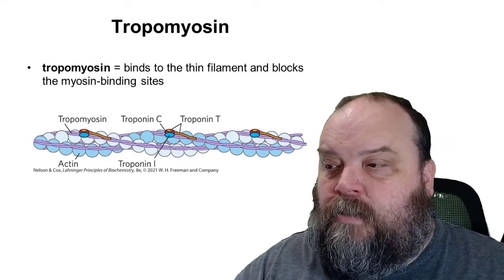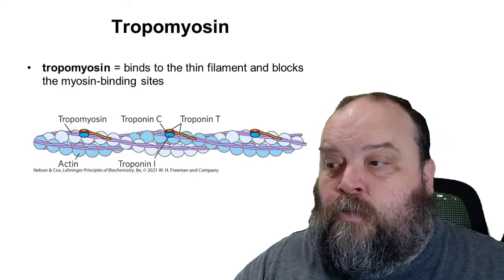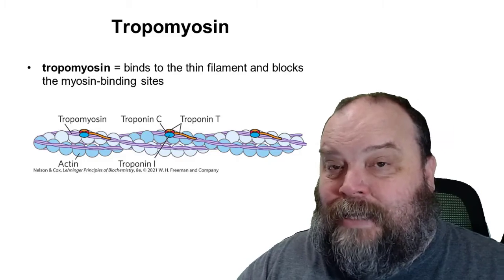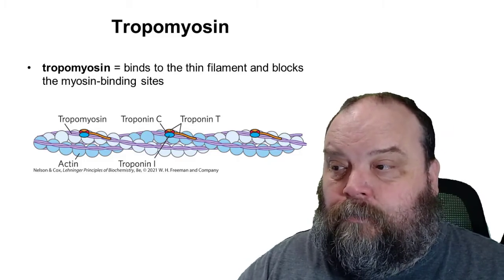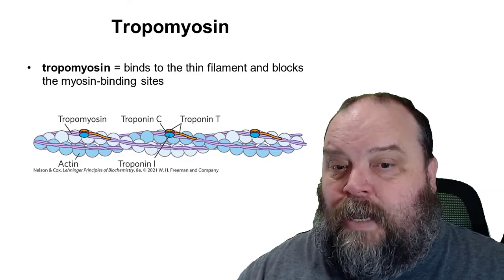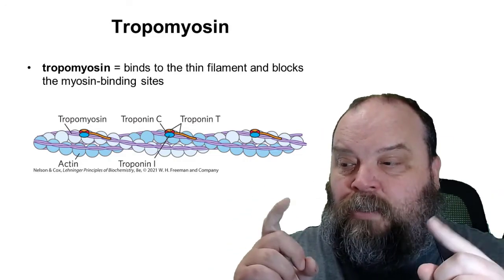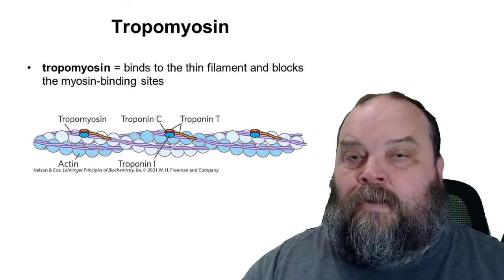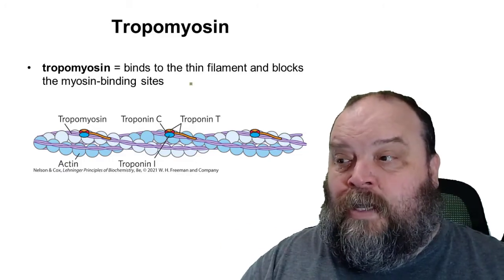Our friends tropomyosin blocks the myosin interaction. Tropomyosin does not allow the myosin to interact, so the myosin, even if it was to go like this, is not moving at all, not going to move the actin because there's no interaction.